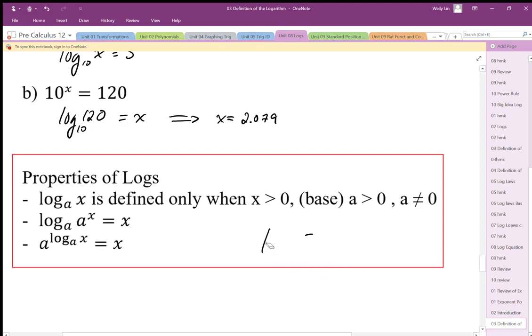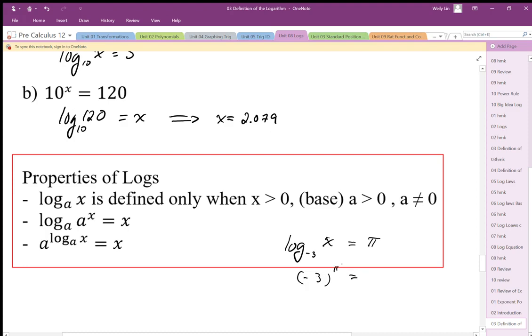Okay, we can't have negative bases because of this issue here, if we have negative 3, for example, and it equals pi or something like that, well, negative 3 to an even power would be positive, odd power would be negative, but is pi negative or positive?